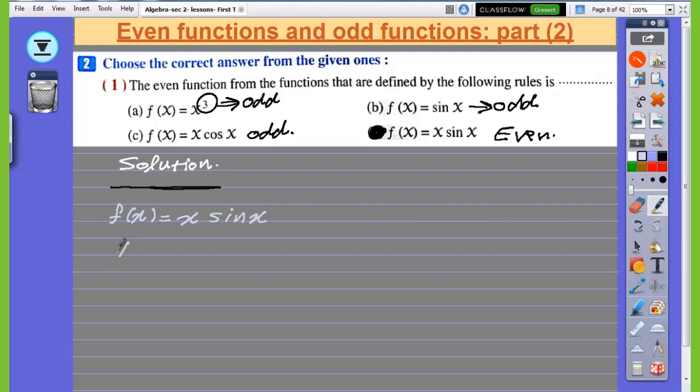So the domain equals R, set of real numbers. The domain of the product of these two functions, we have x, its domain is R, and also the domain of sine x is R, set of real numbers.